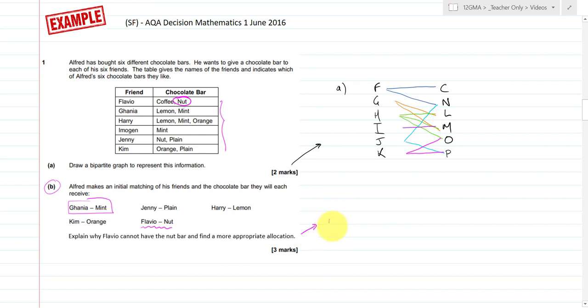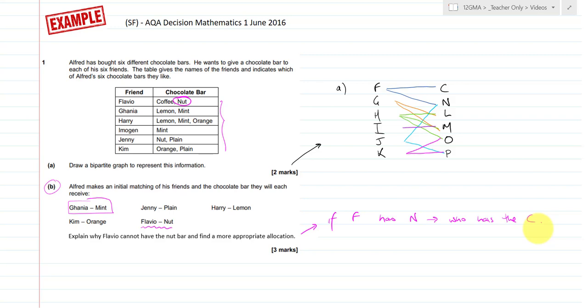And the answer is, if Flavio has the nut bar, well, who's going to have the coffee? Who has the coffee bar? So that's our issue. And so the solution here to the first part, Flavio cannot have the nut bar because he's the only one that will have the coffee bar.